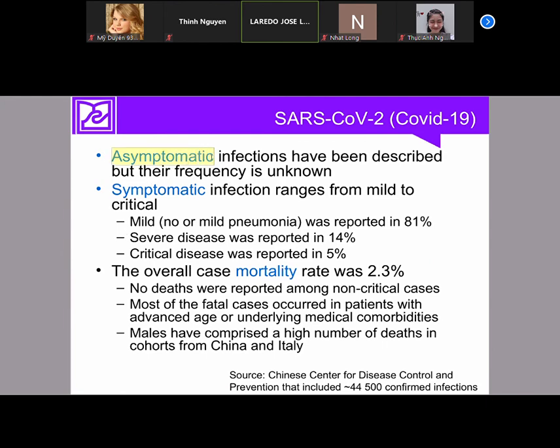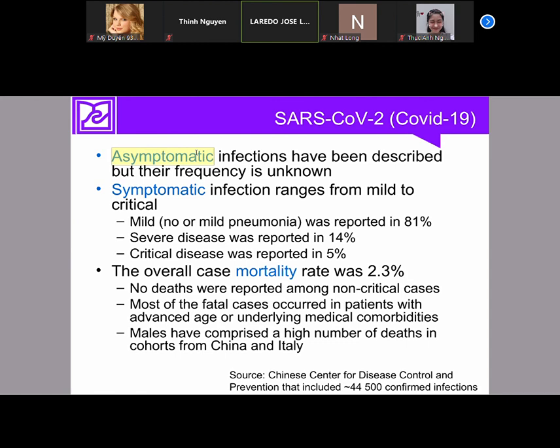Many cases. We don't know how many because it's impossible to identify how many. In Spain now we have almost 200,000 cases, but some people say that maybe infected people in Spain are much more, maybe millions of people.